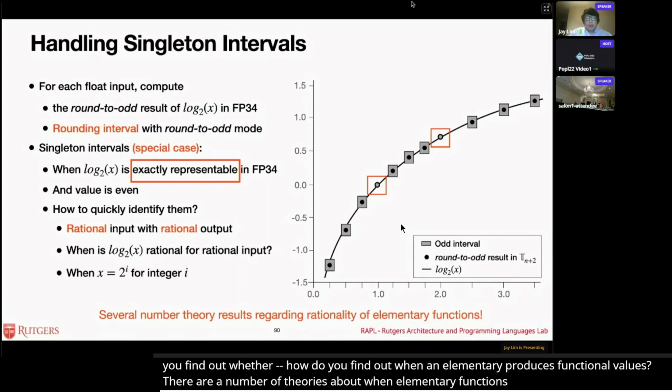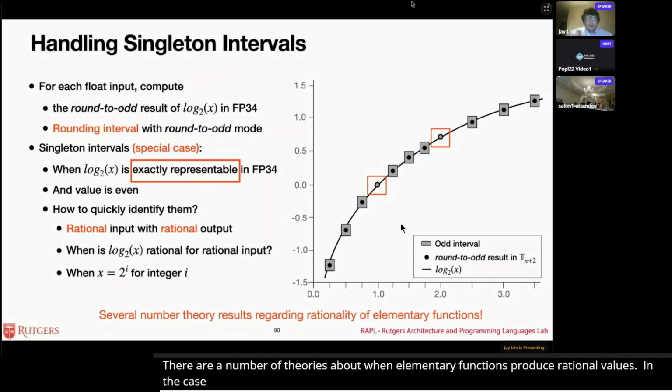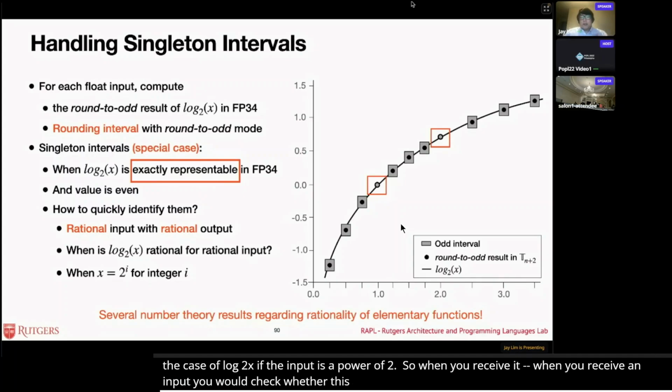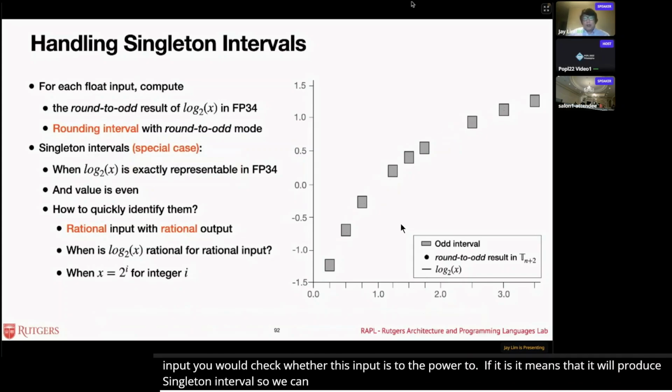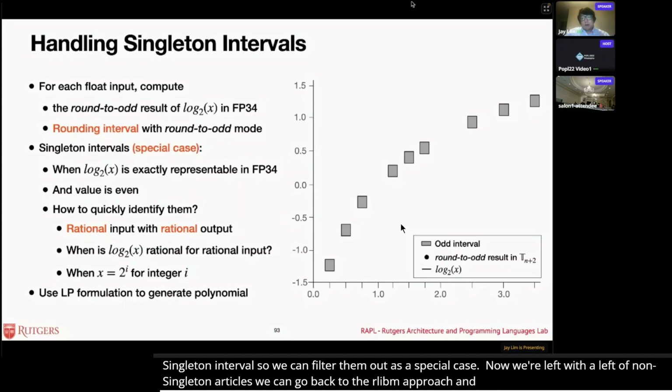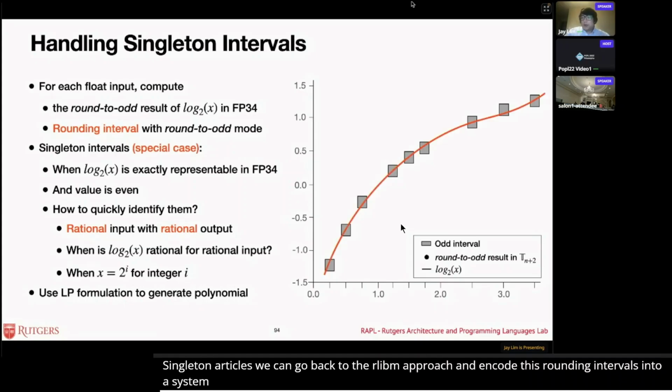For example, in the case of log2 of x, you would get rational values if the input is a power of 2. So when you receive an input, you would check whether this input is a power of 2. If it is, then it must produce a singleton interval, so we can filter these out as a special case. Now that we're left with a list of non-singleton intervals, we can go back to the RLibM approach and encode these rounding intervals into a system of linear inequalities and use an LP solver to generate the polynomial.